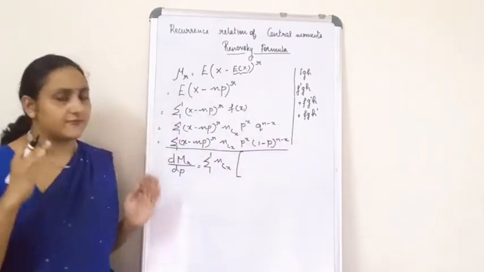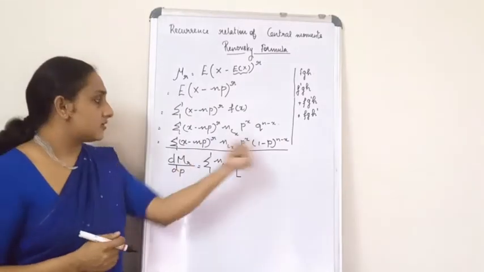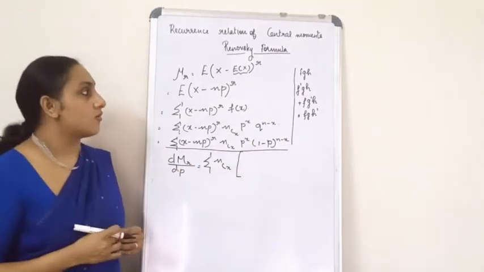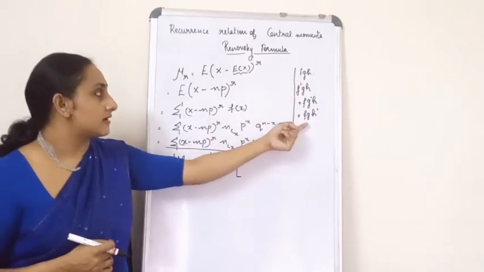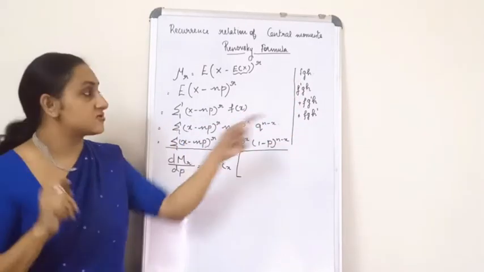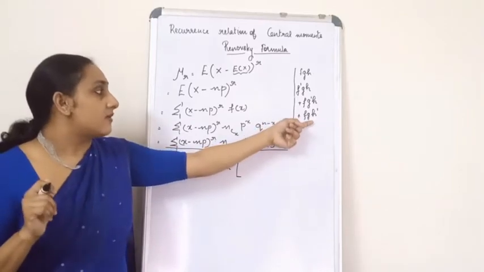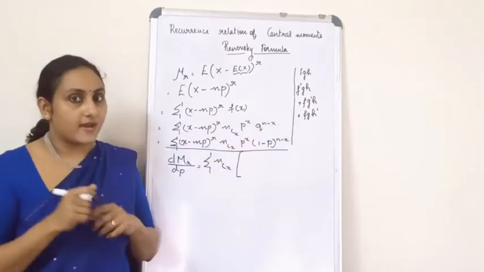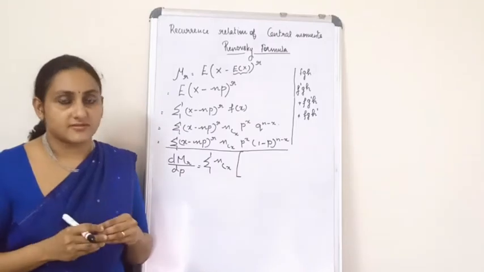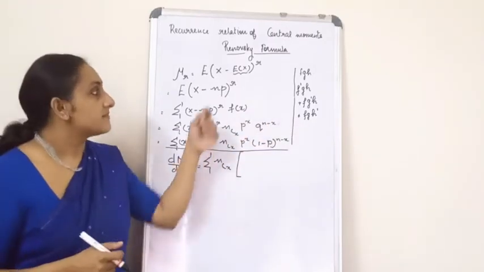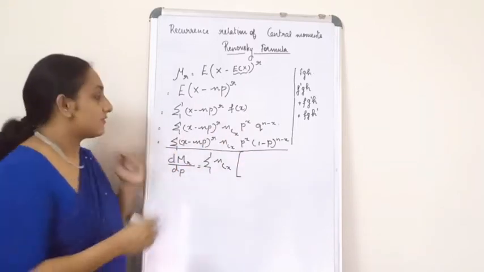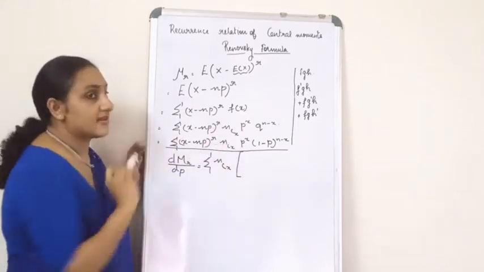Before differentiating this whole term, I just want to give you a small note. This is something you have studied in your higher secondary classes when you studied differentiation. Here you might be wondering why this nCx is not considered.